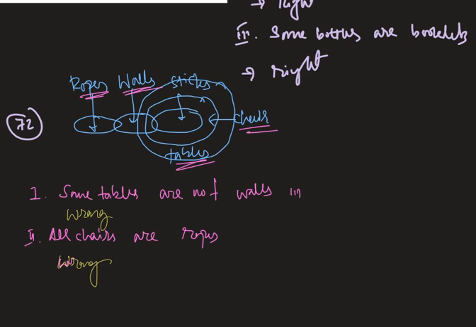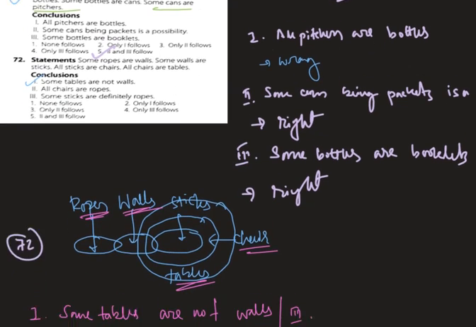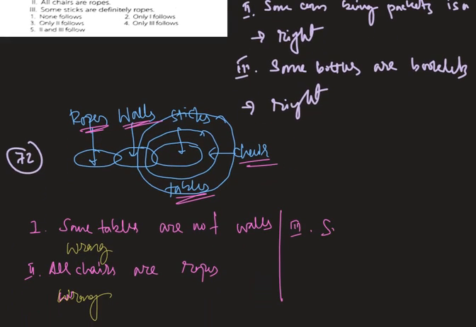Now let's check the third one. The third conclusion is some sticks are definitely ropes. This is the stick set and this is the rope set, and as we can see there is no link between them.